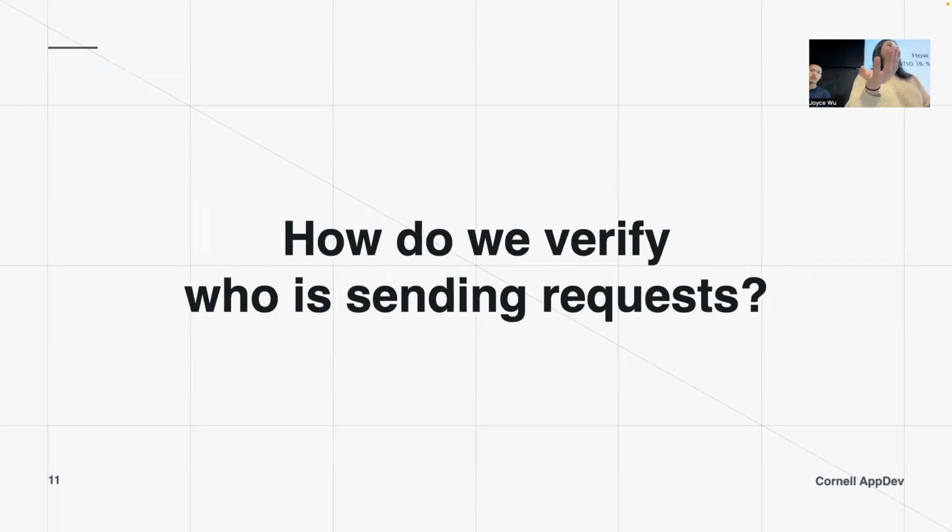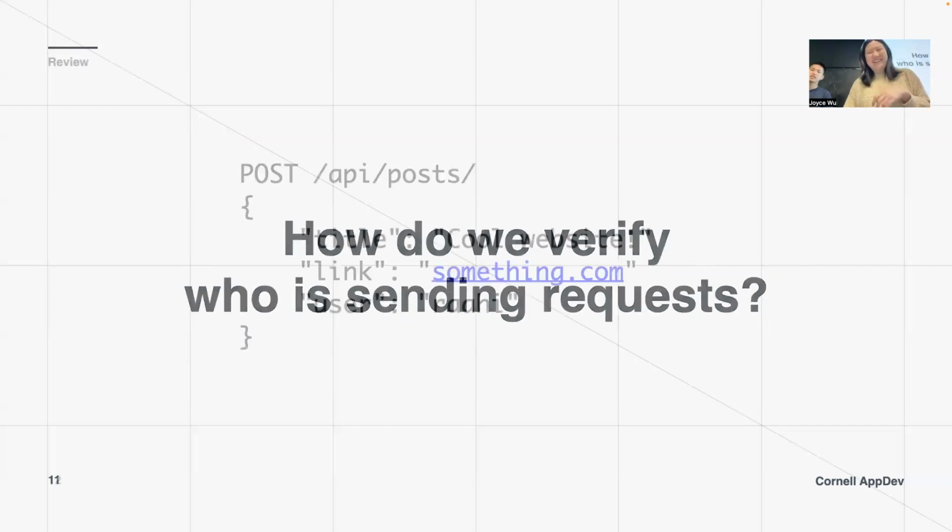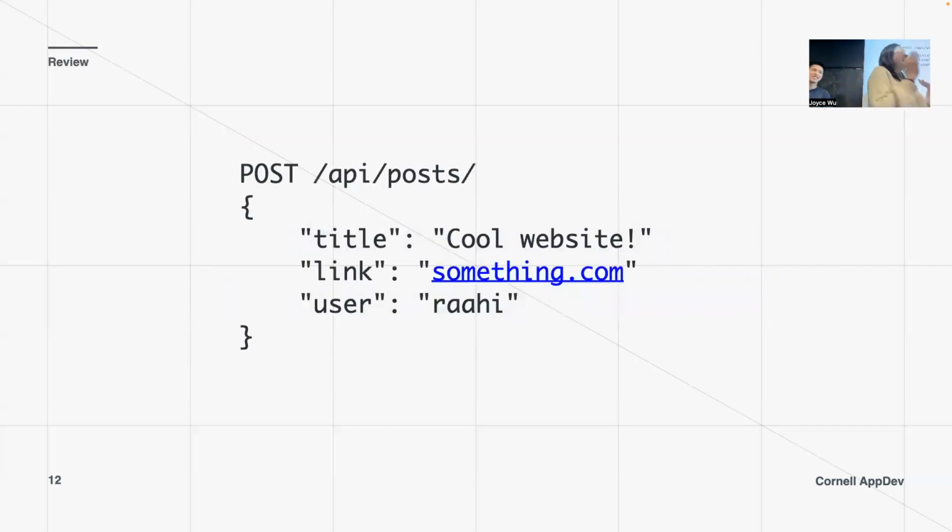Does anyone have an idea of how we can verify who is sending requests to the server? No worries if not. We want to send some form of user identification from the client to the server.